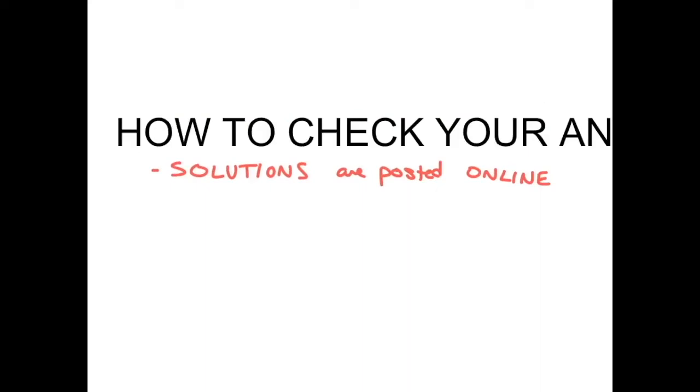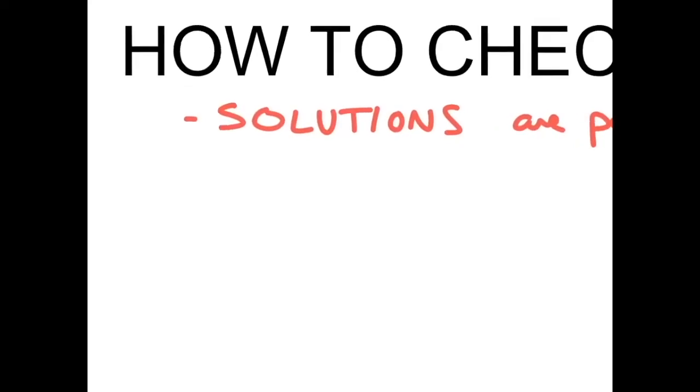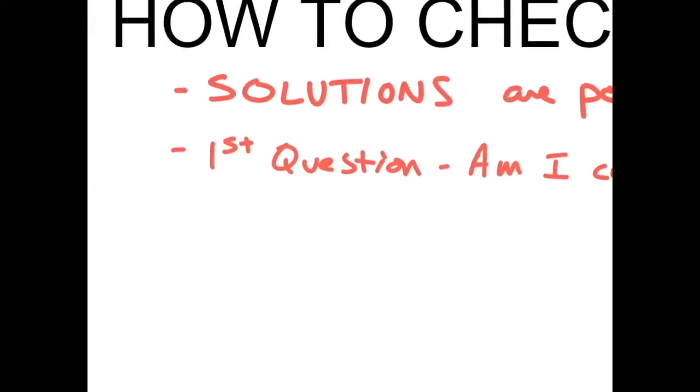When you're doing your homework, the first question you want to ask yourself when you're checking your work is, am I correct? And then the second question is, is my work correct?